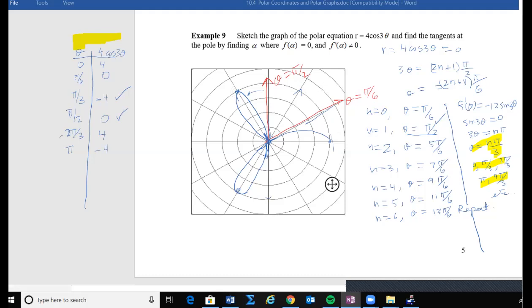I left out a lot of what's going on in here. But the point is, at 5 pi over 6 I scraped through the origin again, through the pole. So that's a point in here. 5 pi over 6 was stuck in here. I missed that one. And in there, I scraped through and went past the pole again.